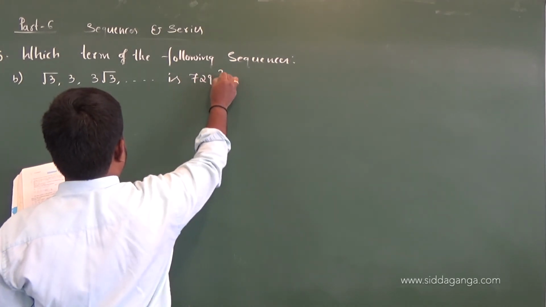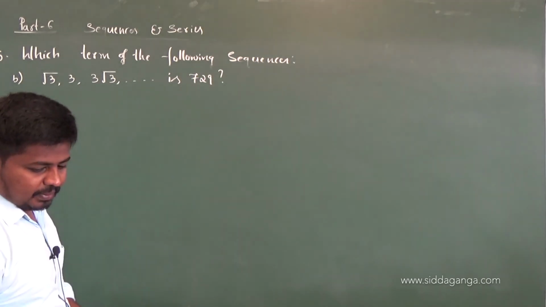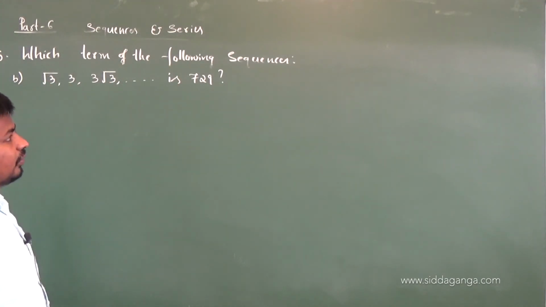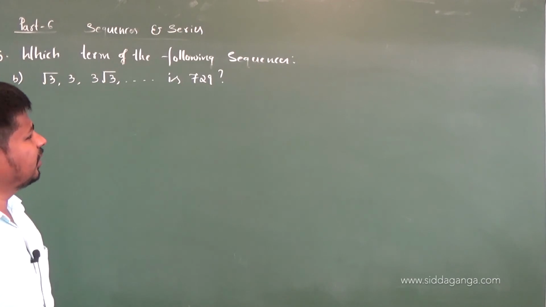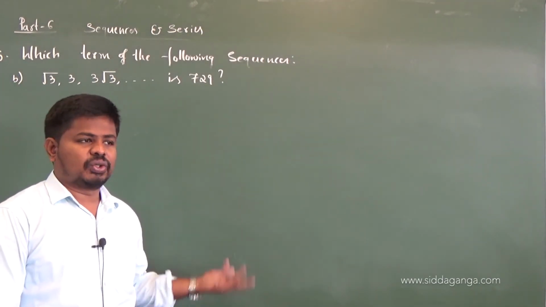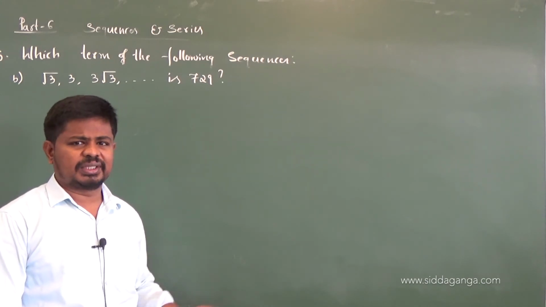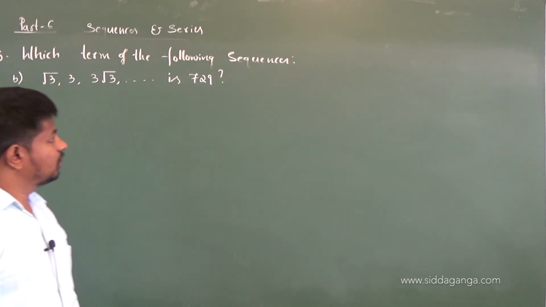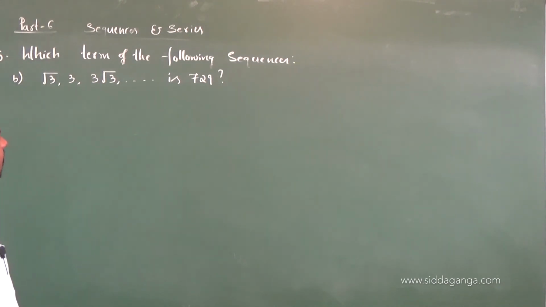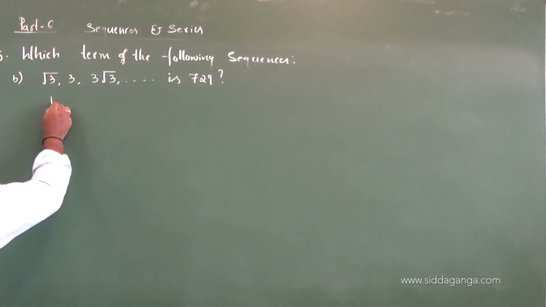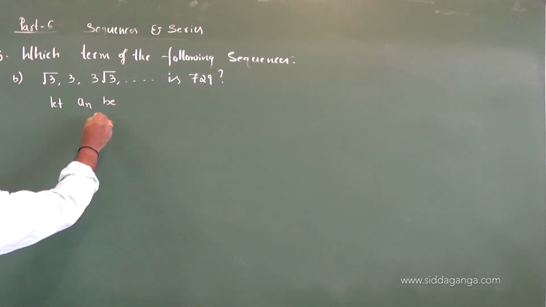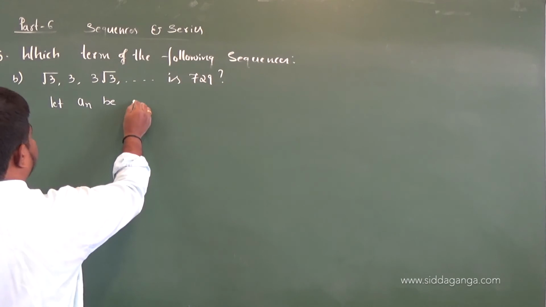The same as before. 729 is a term of the sequence. It comes somewhere, it may be the 12th term, 5th term, 20th term, we don't know. So we have to find which term of the sequence is 729. Same as before, let the nth term of this GP be 729.